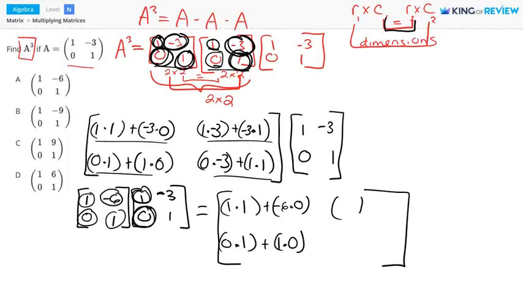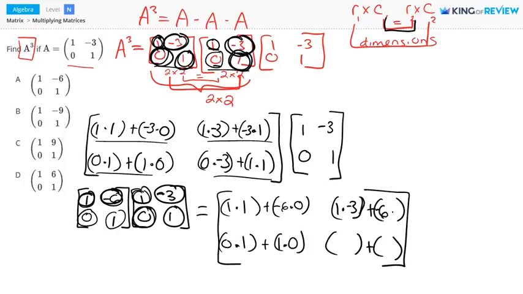And for the second column, I'll set these entries up. So we have 1 times negative 3 plus negative 6 times 1. And our final entry is 0 times negative 3 plus 1 times 1.